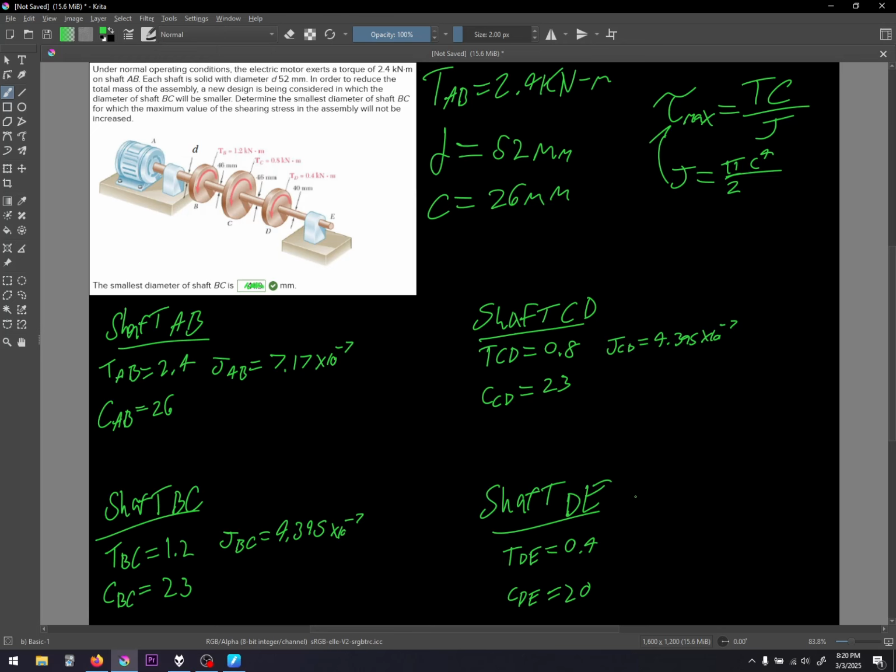And this one's going to be to the 20. JDE equals 2.51 times 10 to the negative 7. Okay. Now that we have J, let's find tau max.